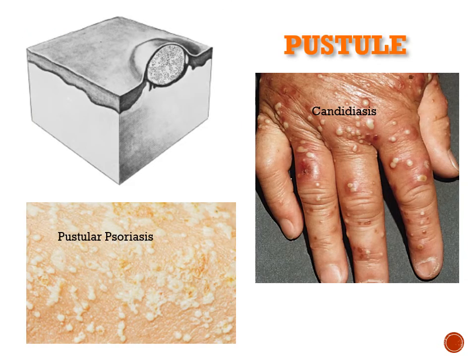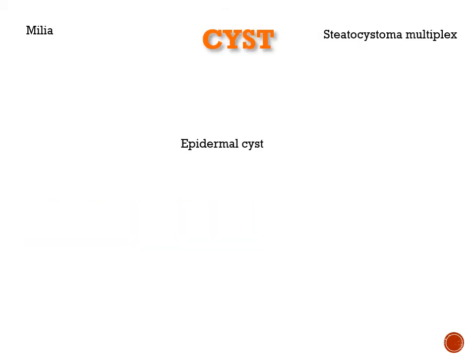A pustule is a pus-filled lesion, usually of necrotic inflammatory cells. But it doesn't necessarily mean that there is an infectious process, since there is such a thing as a sterile pustule, often seen in pustular psoriasis. Next, we go to a cyst. A cyst is an encapsulated lesion with liquid or semi-solid content.